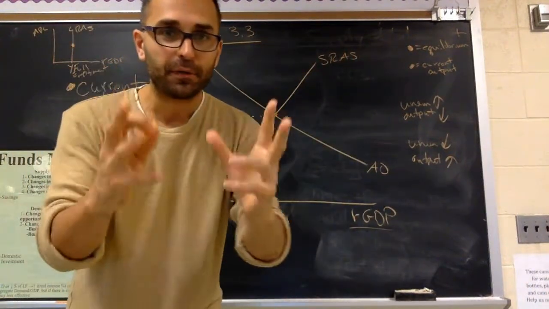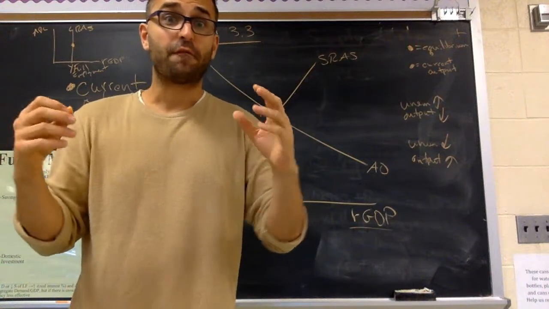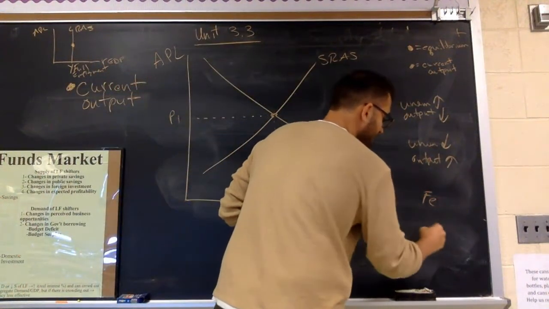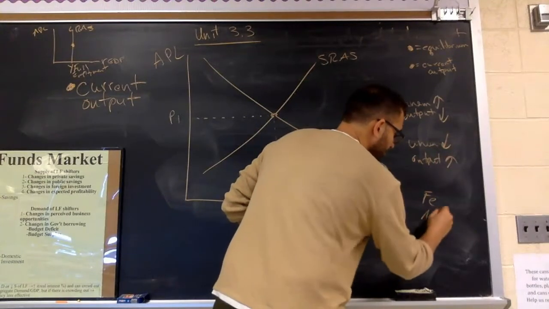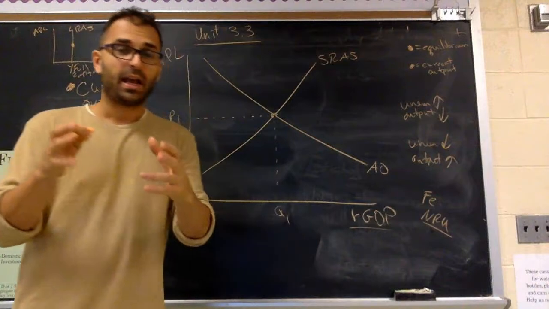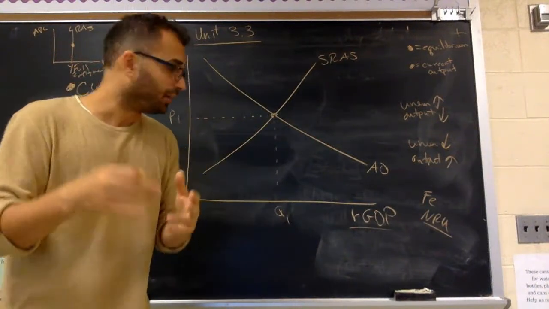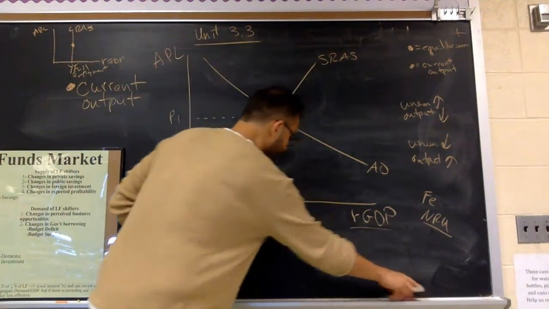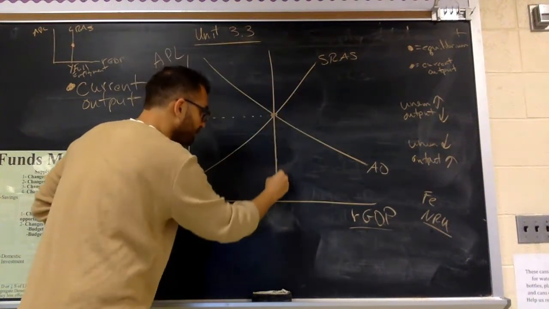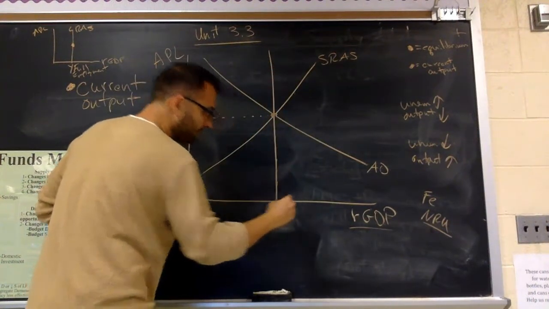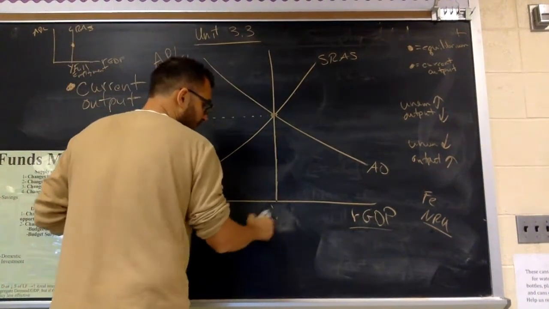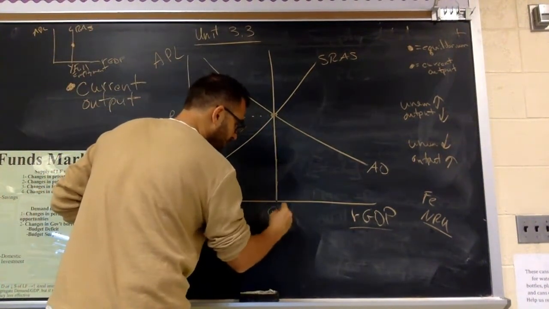If we're at the perfect spot of what we say full employment, which is the same thing as the natural rate of unemployment, but we're not talking about unemployment, we're talking about output at full employment. What's the output level? So that spot, if we're at full employment, is going to look like this on the graph. Put income at full employment, YF, or you could write QF, quantity at full employment.